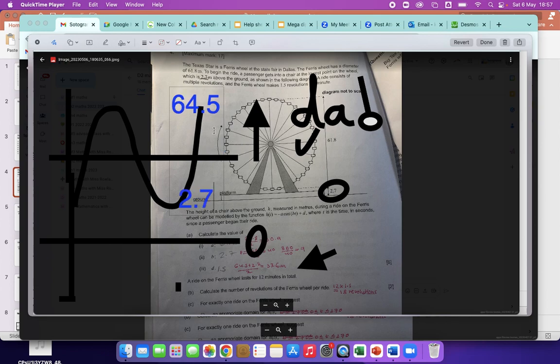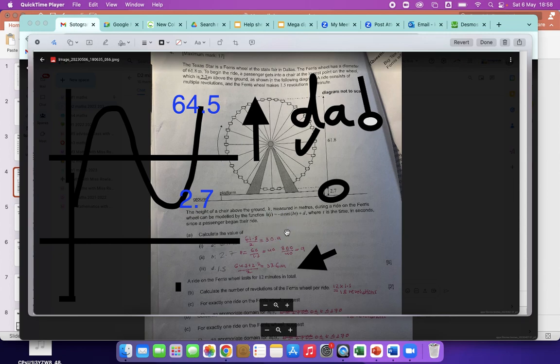Now the amplitude is simply the distance from the midline to the maximum or the midline to the minimum. So as we already know that the midline is 33.6, or our d value, we're just going to do 64.5 minus 33.6, and that will just give us the answer.